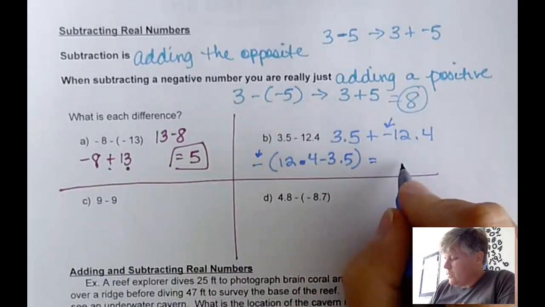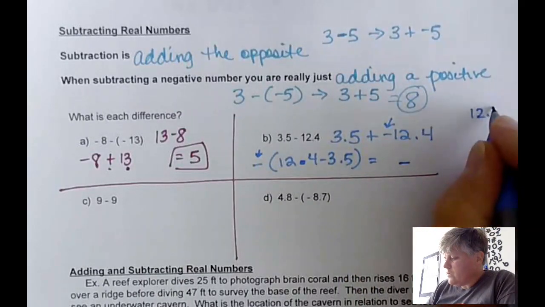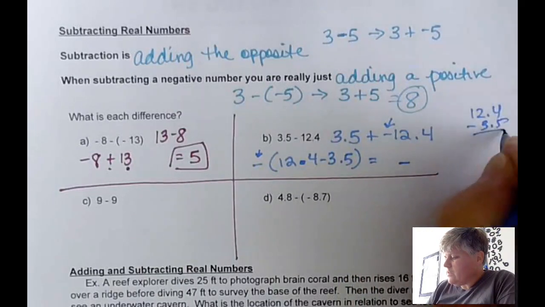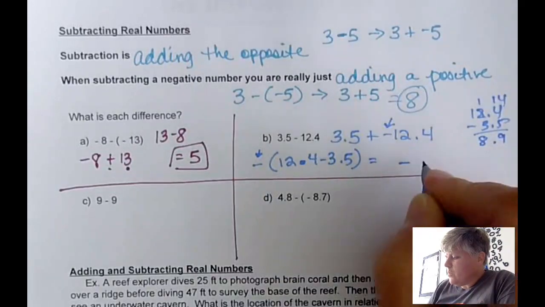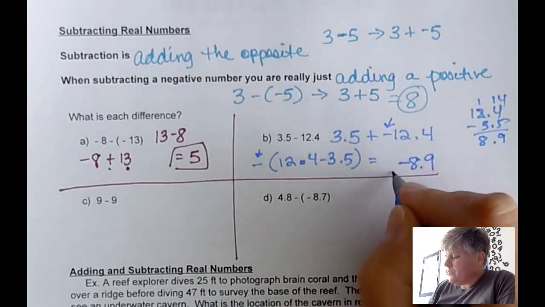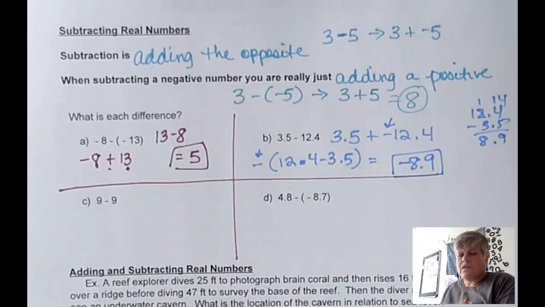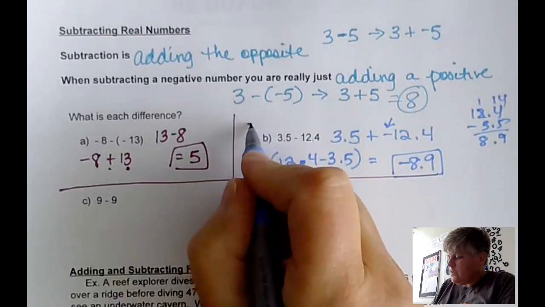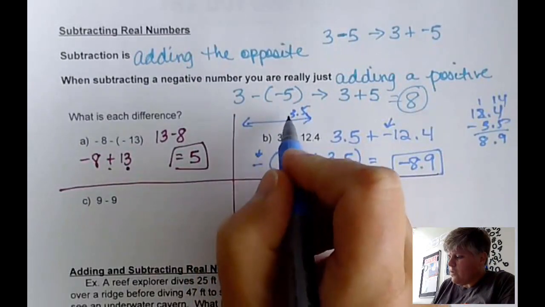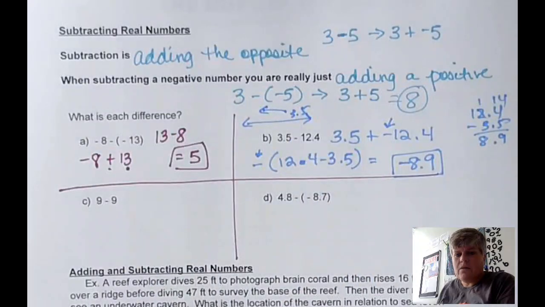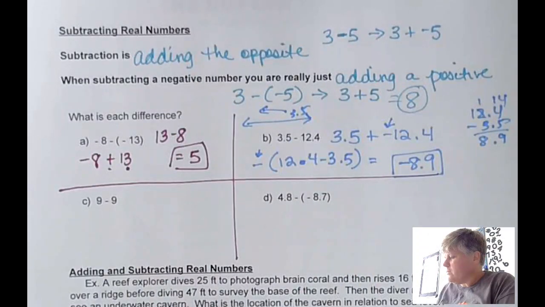And so my answer is whatever 12.4 minus 3.5 is. Let's carry, so 8.9. It's going to give me a negative though, because if you think about your number line, if we start at 3.5, we're subtracting 12.4, we're going this way. Okay, so it's obvious that's going to be a negative.